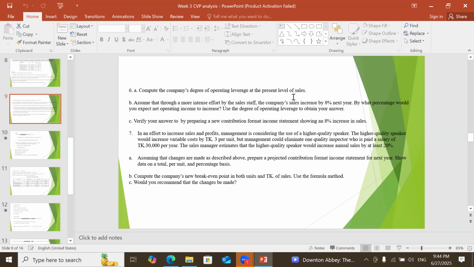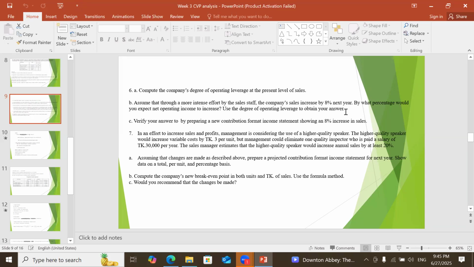Then you will get how much the net operating income changes. This is the formula, and you use the degree of operating leverage to obtain the answer. This is mentioned in the math, so you have to find the formula.